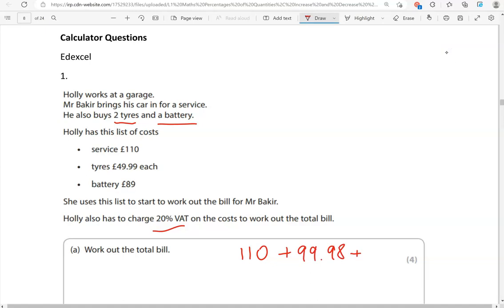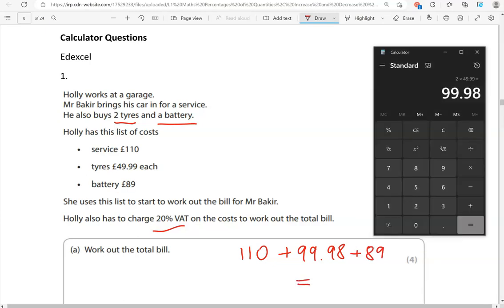Plus a battery for £89. So adding all of these together gives us £298.98.